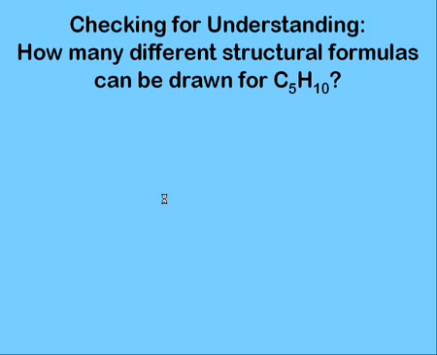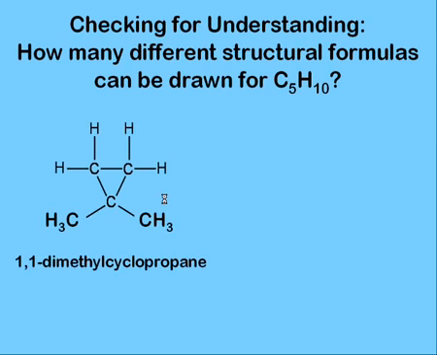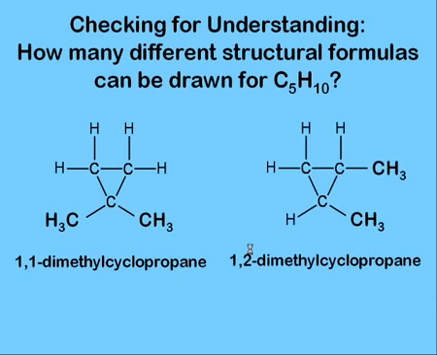Instead of 4 carbons in a ring, you could have a 3-carbon ring, which is called cyclopropane. But now you have to have either 2 methyl groups or possibly an ethyl group. Let's take a look at the 2 methyl groups. If the 2 methyl groups are on the same carbon, we call it 1,1-dimethyl cyclopropane.